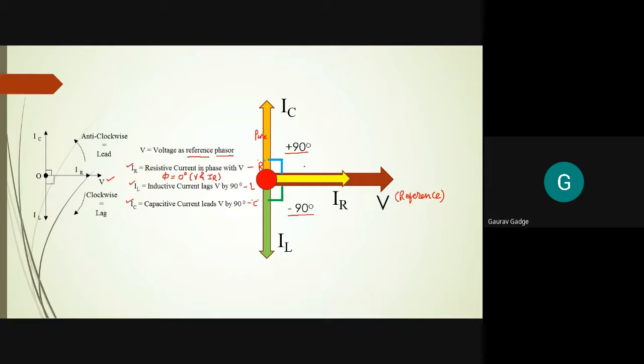Right? So what can we comment on it? We can say IL lags behind voltage by an angle of 90 degree if the load is pure inductive, and IC leads ahead of voltage by 90 degree if the load is pure capacitive.